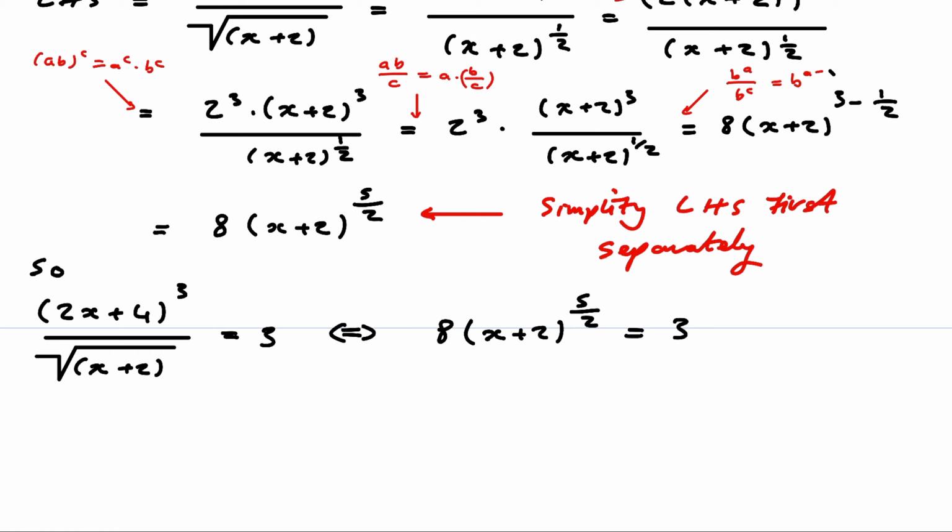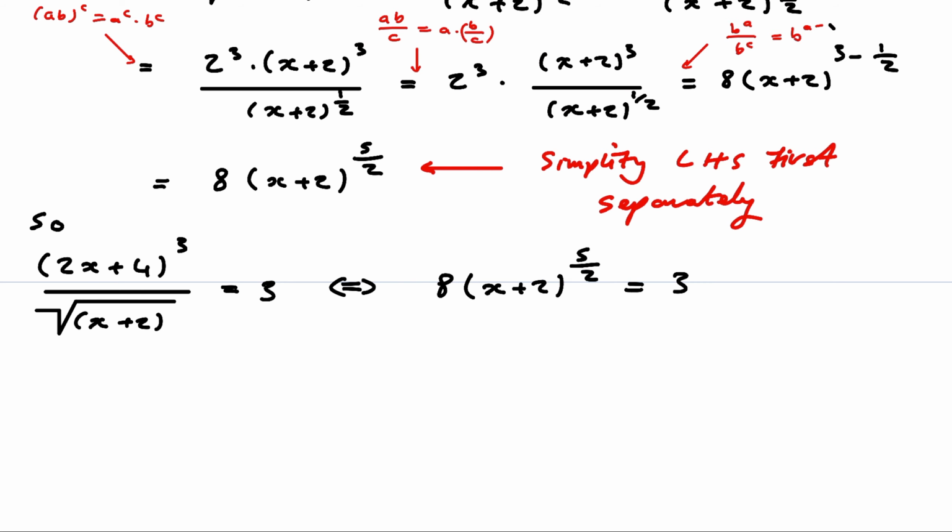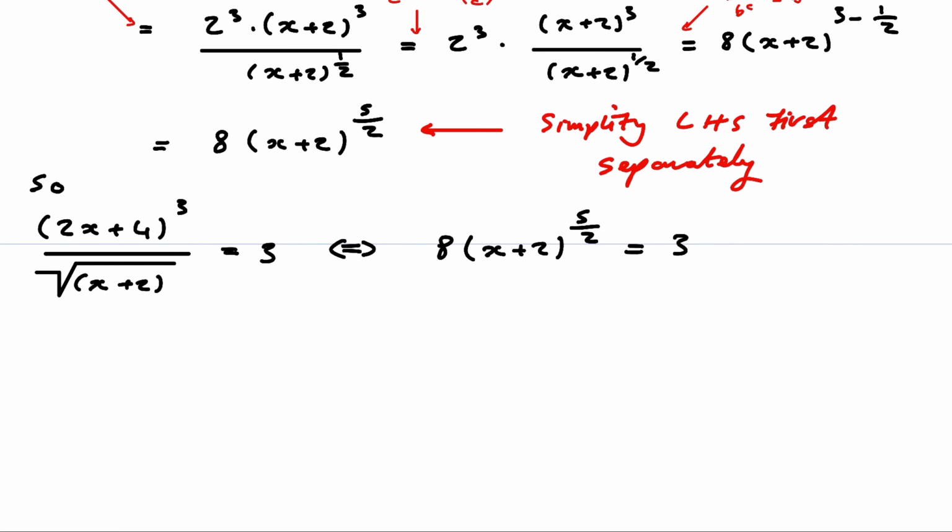So I've converted the problem into a much more reasonable problem. It looks basically the same as the problem we saw before, so we could rearrange this now. So this is if and only if (x + 2)^(5/2) is equal to 3 divided by 8.